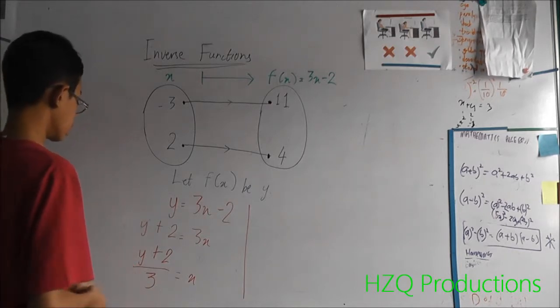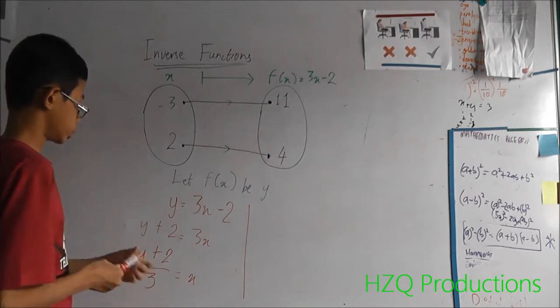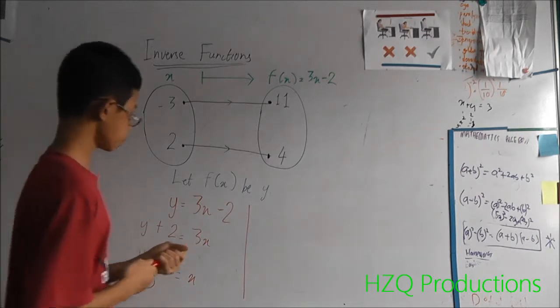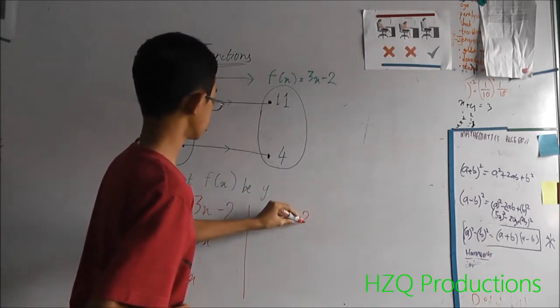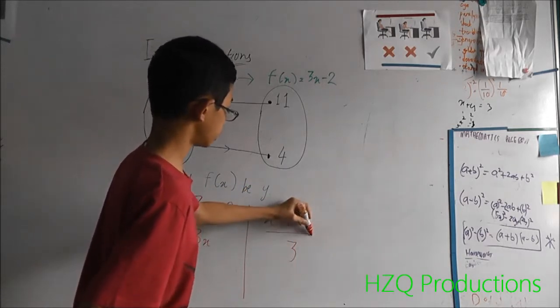Because we're also going to change x as well. So x plus 2 over 3 equals what?